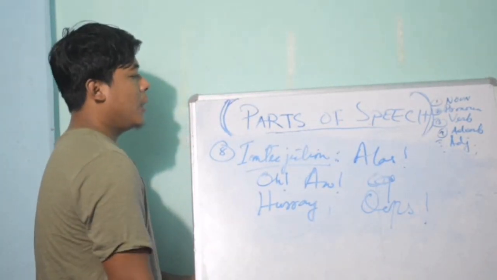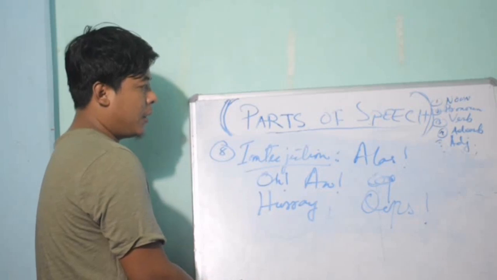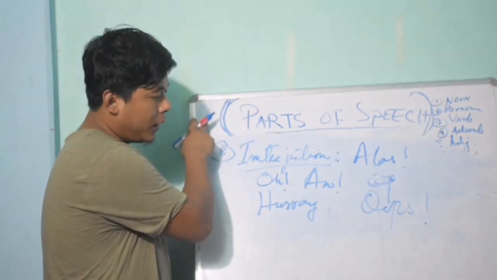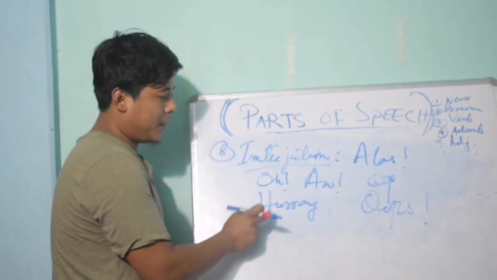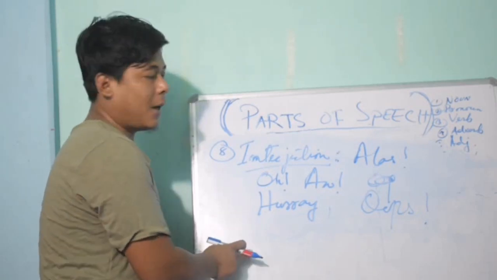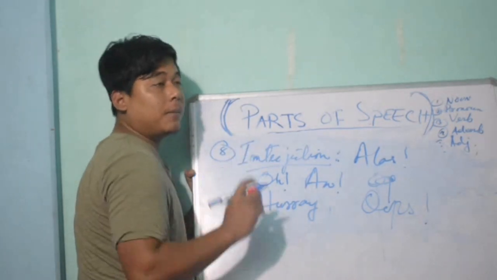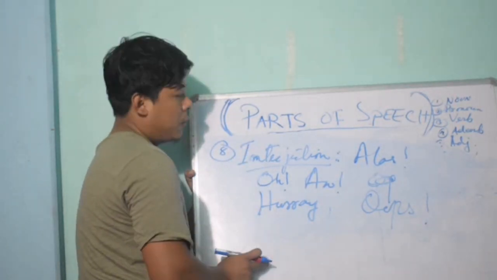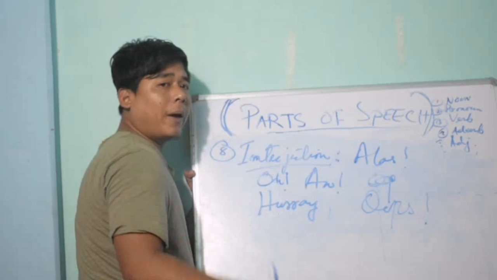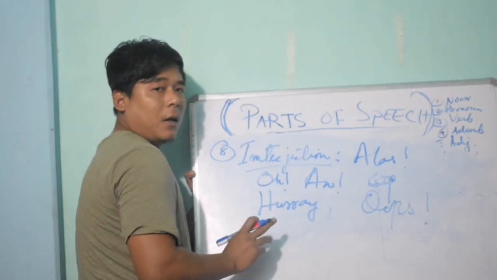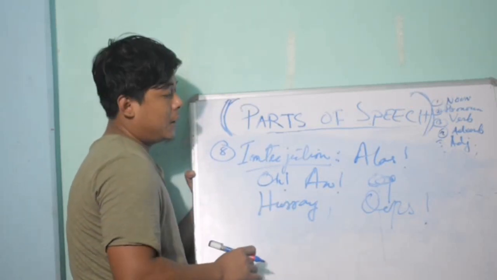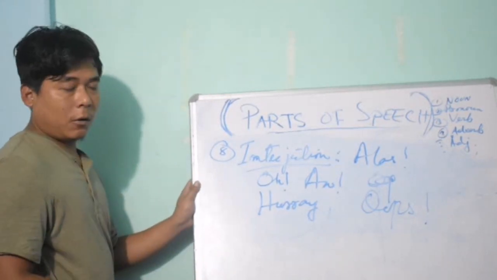There are 8 parts of speech already here, starting from 1 to 8. So keep on practicing making a sentence out of each word. And at the end of this video, I'm going to give you a few words with which you are going to make a sentence for each word.